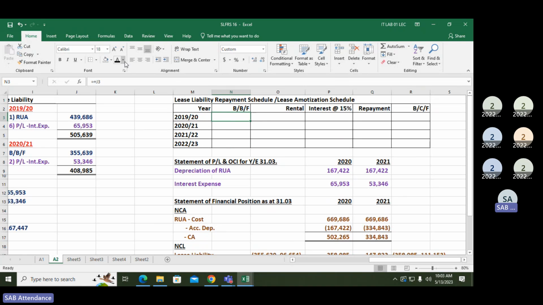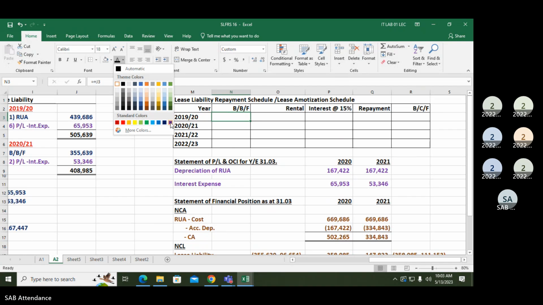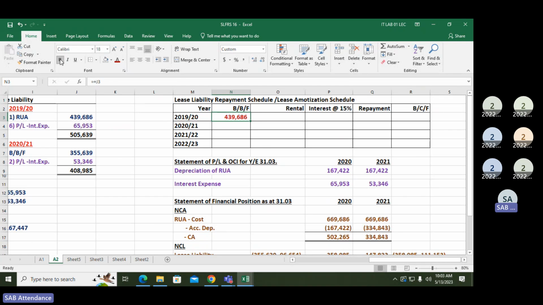So original lease liability we had 439,686 brought forward balance. Rental is 150. The interest, this opening liability into 15%, 65.